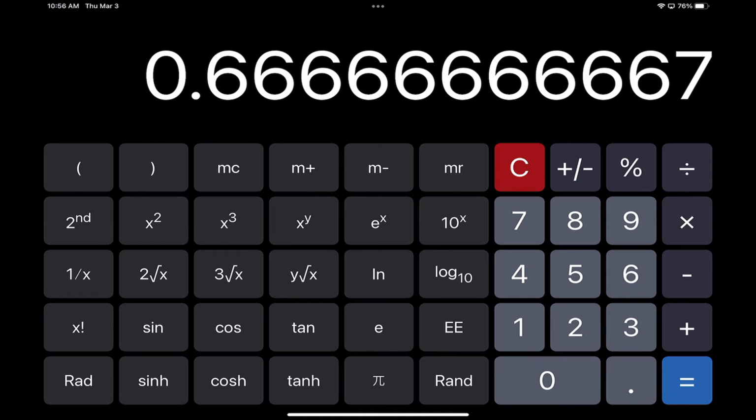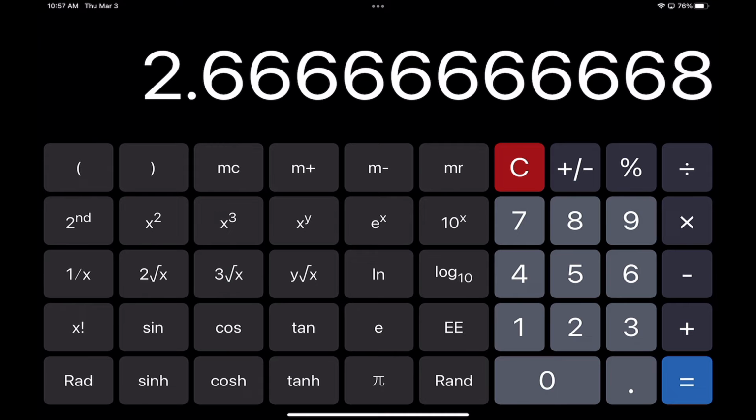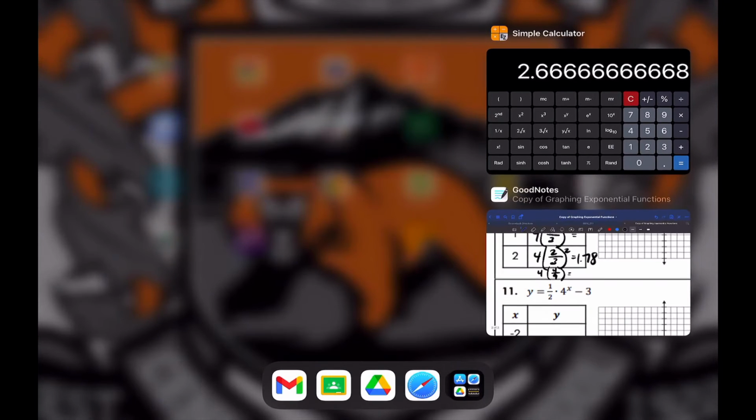I'm just going to round the last one. Now I'm going to multiply that times 4. 2.67.